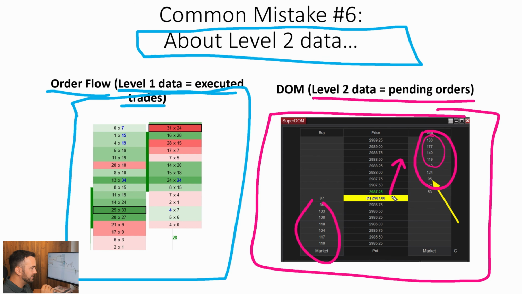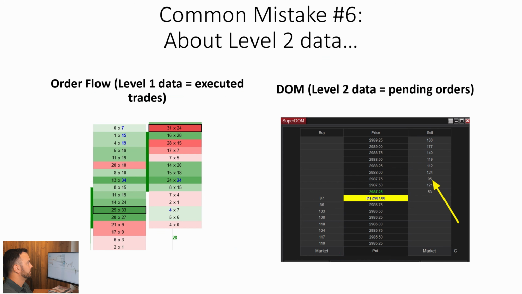But if the price starts to rise and is getting close to that pending order, they withdraw their pending order, right? So it's not an actual intent of trading there. And that's the big difference, because order flow shows actual trades, while the DOM, the market depth or the pending orders are not actual trades, right? So you don't need level 2 data, just level 1.